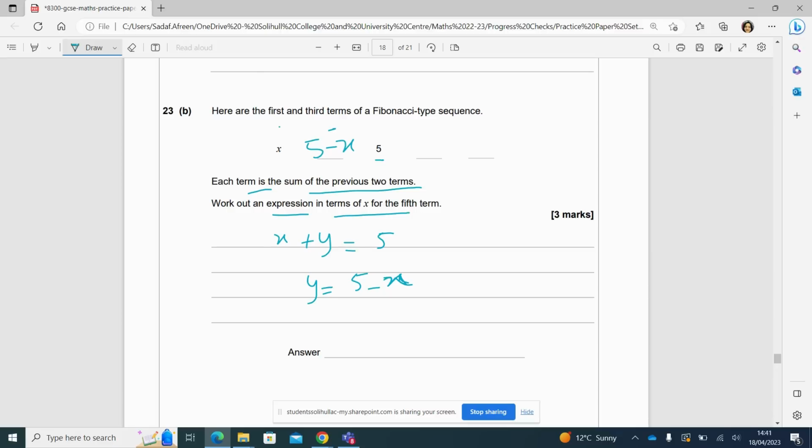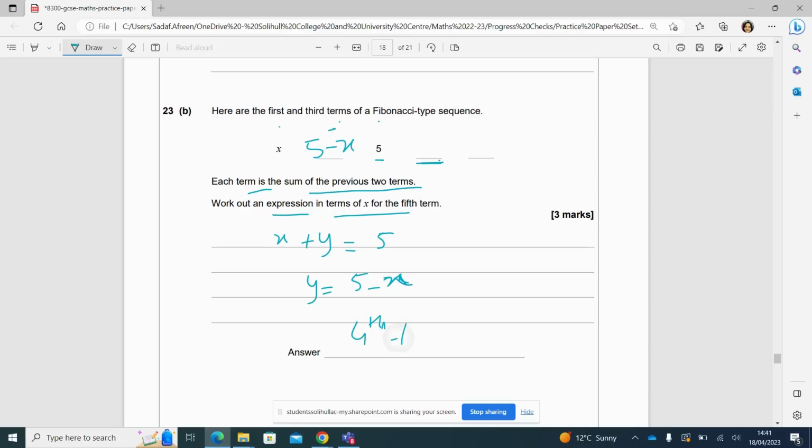So you need to work out the expression of the fifth term as well. In order to work out the value for the fifth term, we need to first find the expression for the fourth term. You will get the fourth term when you add the third and the second term together.